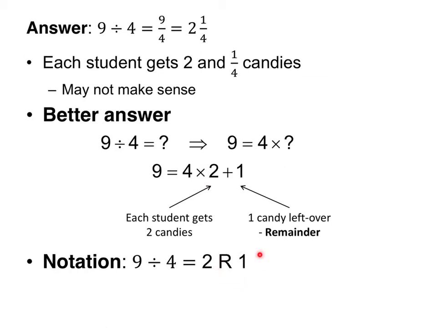So there's maybe a better solution to our problem: each student is going to get 2 candies, and there's going to be 1 candy left over that maybe Miss Karen can eat, or maybe she'll save it for later. So this is probably a better answer, 2 remainder 1, than the answer of 2 1/4.